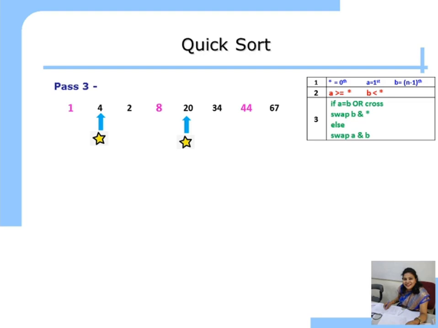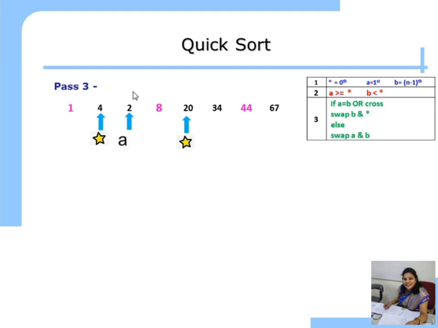Now we are adjusting A and B. In the first list, since there are only two elements, 4 and 2, A points to the element after the pivot. If 4 is the pivot, the next element is what? 2. So 2 will be A. And where will we point B? B is always the last element. In this list there are only two elements, 4 and 2, so 2 is the last element of that list.